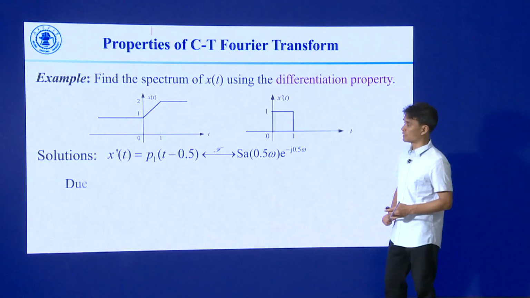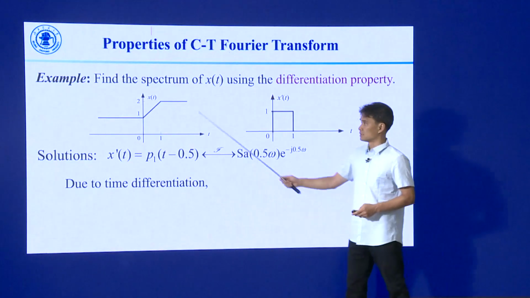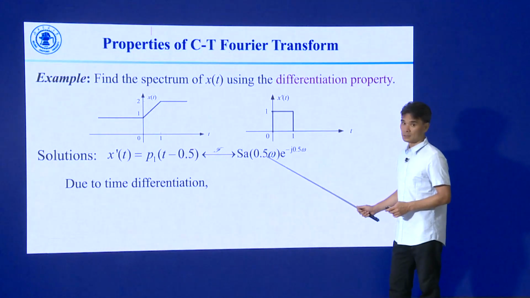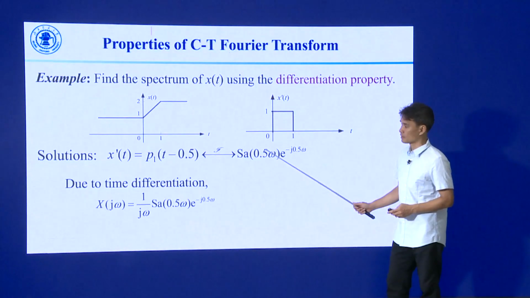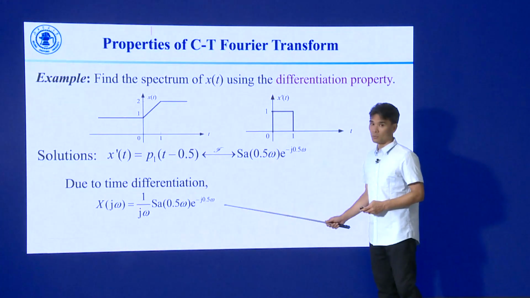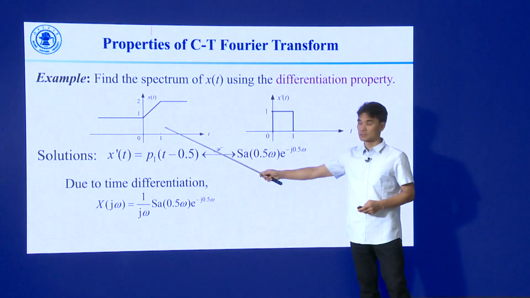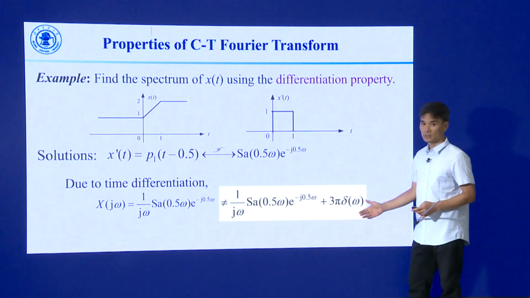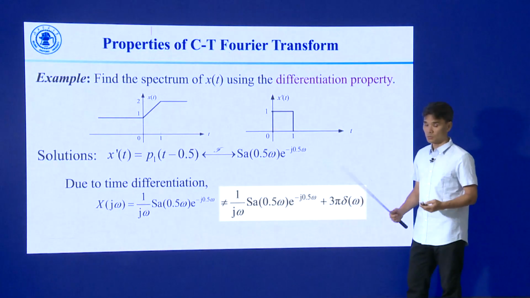Based on the time differentiation, the spectrum of the original signal will be this function divided by j omega. However, we know from the previous example that the spectrum for this waveform is equal to this function, and there's an extra term here. What is the problem?